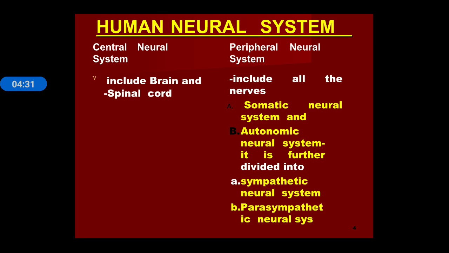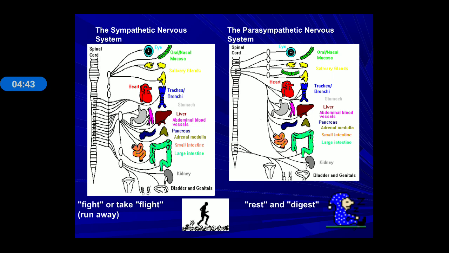Autonomic neural system is self-regulating; auto means self. It is further divided into two: sympathetic and parasympathetic. This slide explains the function of sympathetic and parasympathetic. Generally, if sympathetic nervous system increases the speed of any reaction or process, then parasympathetic works just opposite, meaning these two neural systems work antagonistically.